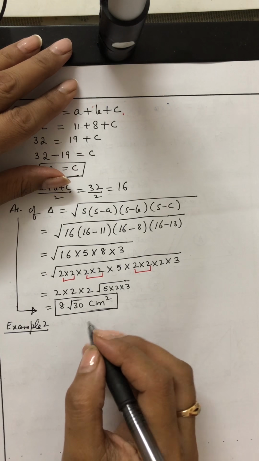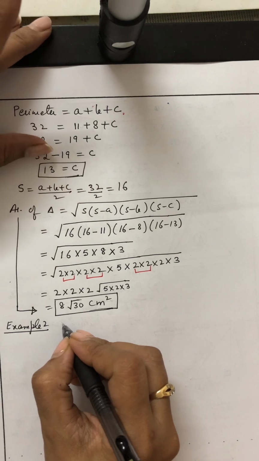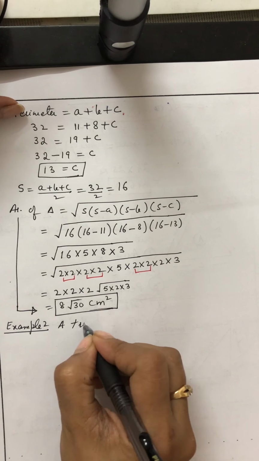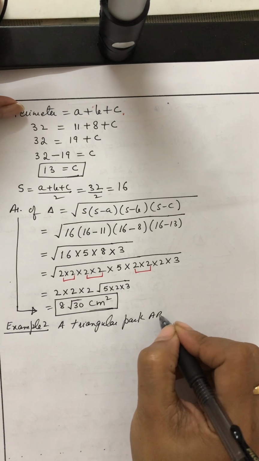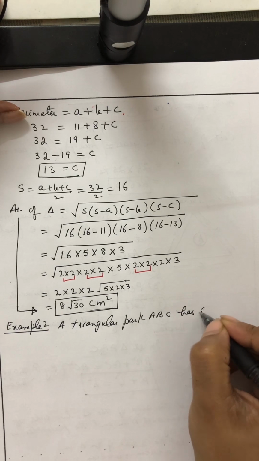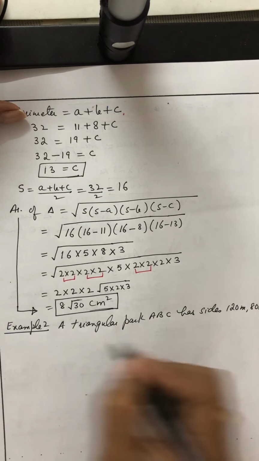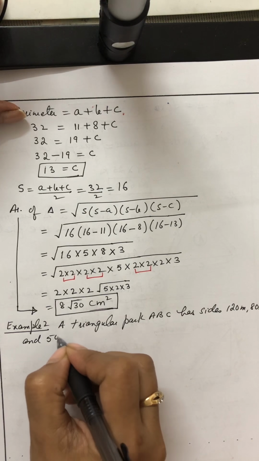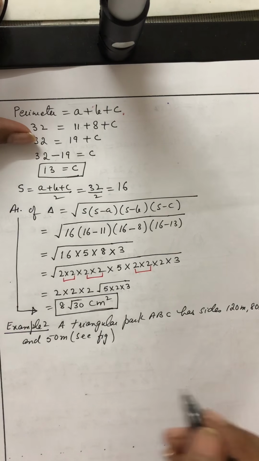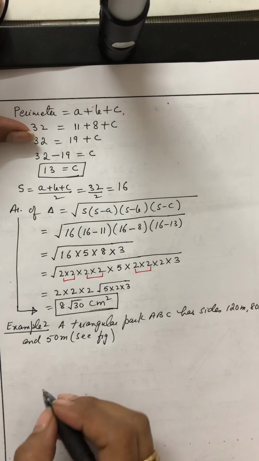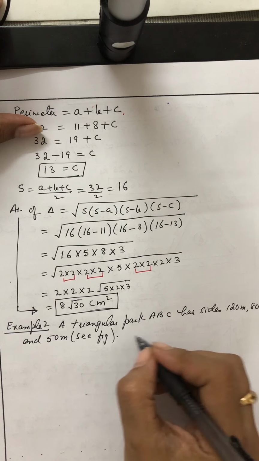Example 2 is a little bit bigger question to write, but anyways I'll write it. A triangular park ABC has sides 120 meters, 80 meters and 50 meters. See figure. They have given us a figure here which we'll draw, but before drawing the figure, let's complete writing the question.